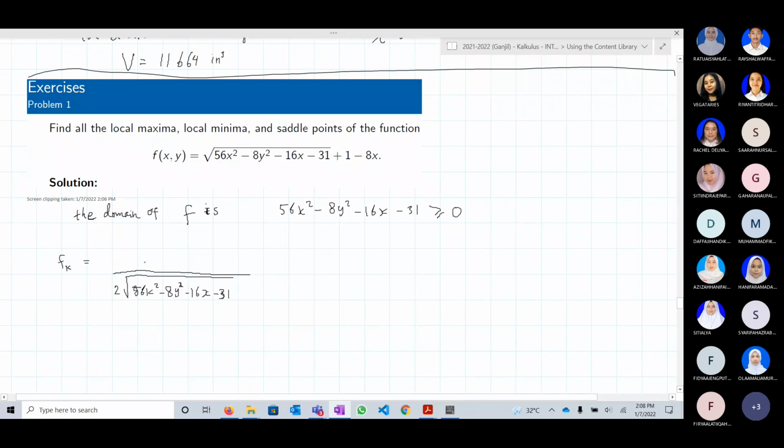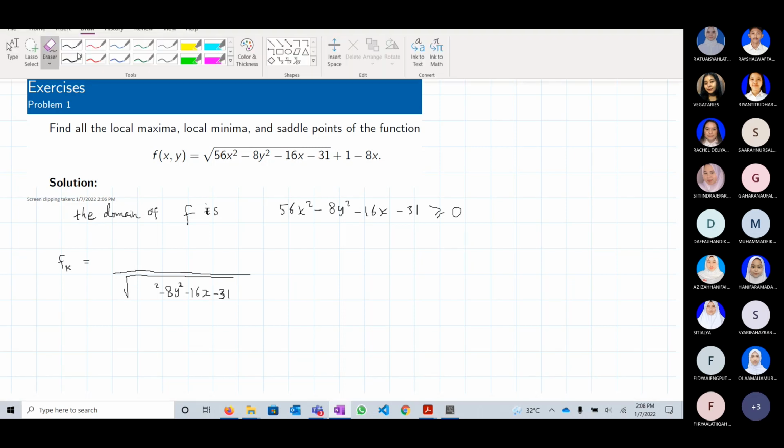Above we have 56 times 2. So I can remove the 2. That's fine.